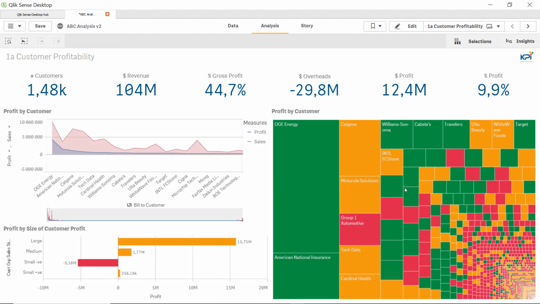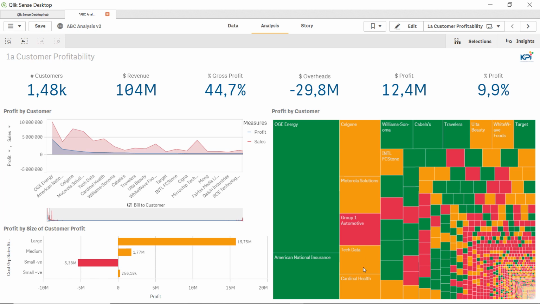What you see on the right-hand side is profit by customer. The size of the square is how much profit is being made. So this OGE Energy is making lots of profit, and they're green because they're above 20%. That's the threshold we just put into this model. If they're red, they're making less than 10% profit, actual profit.